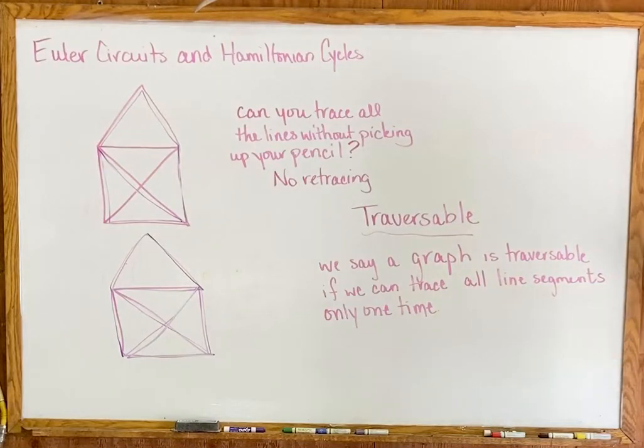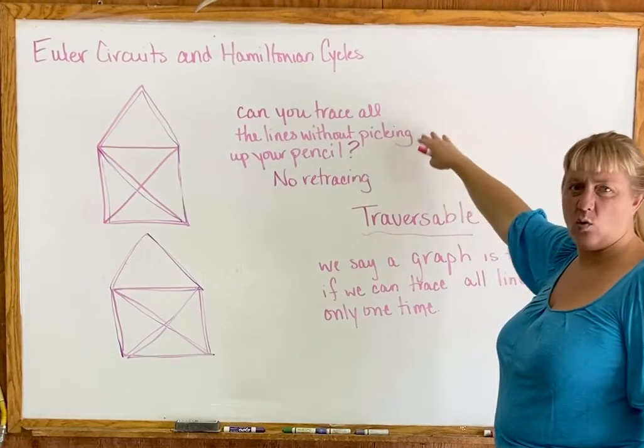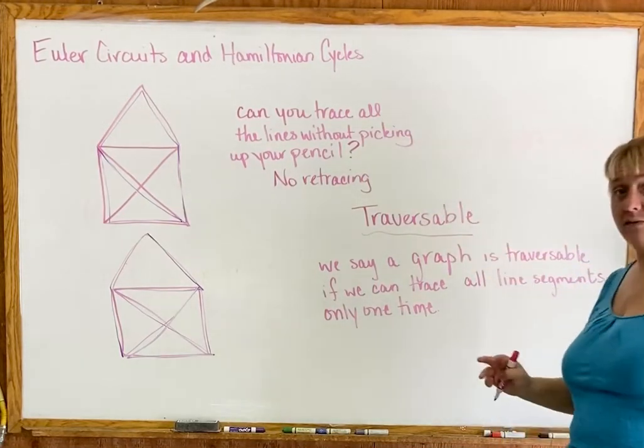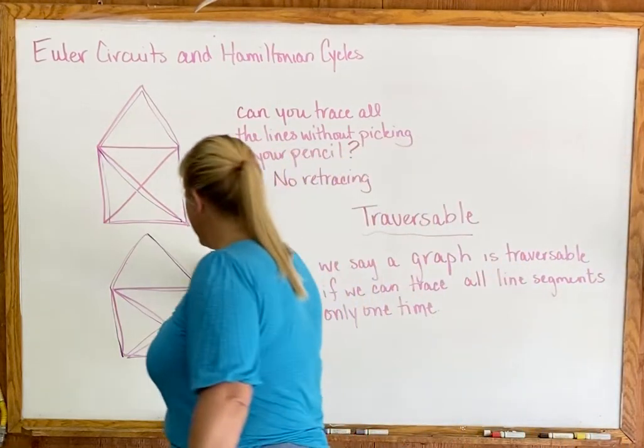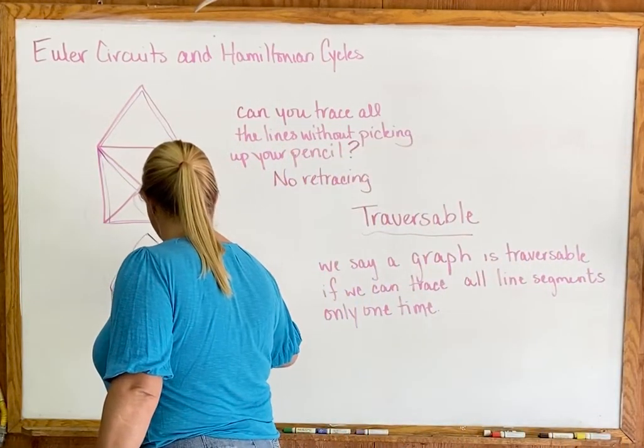They call this a graph, though it doesn't look like one. So every single line segment gets traced, and it's only traced one time. Instead of having to write this sentence or this question over and over again, I can just say, is this traversable? In this case, this graph is traversable.